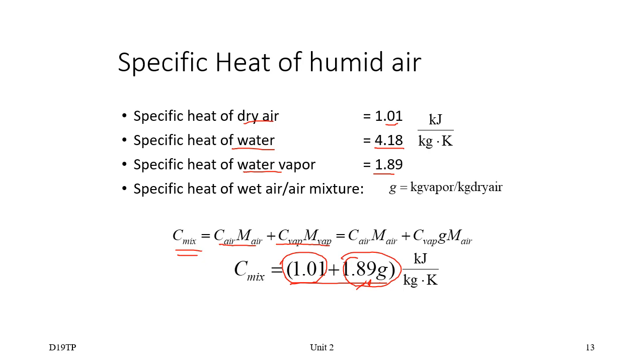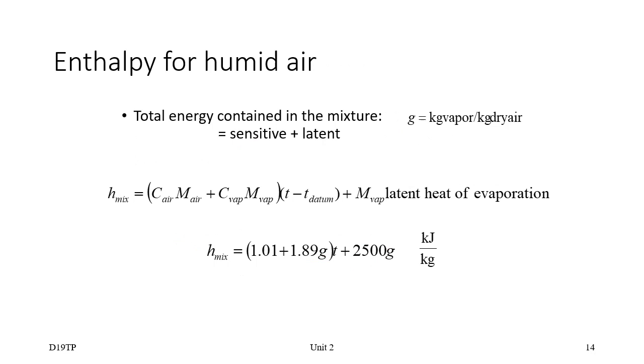What contributes most is latent heat. Remember the G, what we did in the schematic chart, is 0.009. So very small, but multiply by 2,500, that becomes significant. So latent heat is really a big, significant contribution from the moisture, and the sensible contribution to the air is minimum.